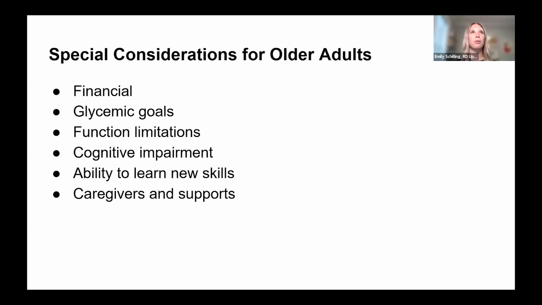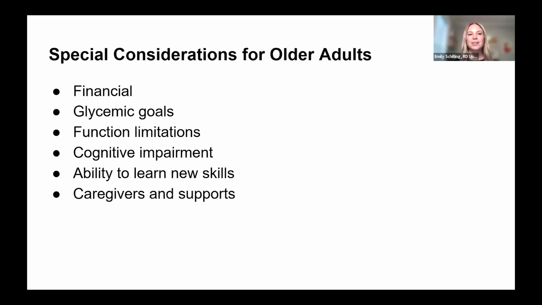Now, when we're thinking about recommending, prescribing, or using CGMs with older adults, there are a couple of special considerations that we want to be mindful of. First up, financial. So a lot of older adults are living on fixed incomes. So you want to make sure that they are meeting those requirements for Medicare or other types of insurance coverage.